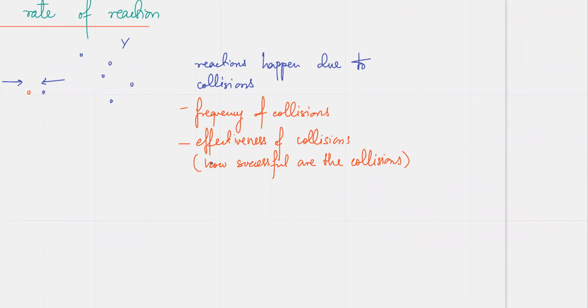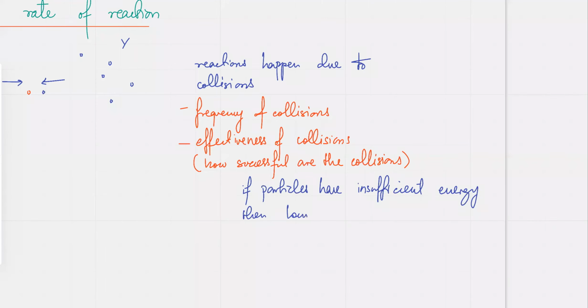So effectiveness of collisions is that if particles have low energy, or insufficient energy, then there's a lower chance of a successful collision.